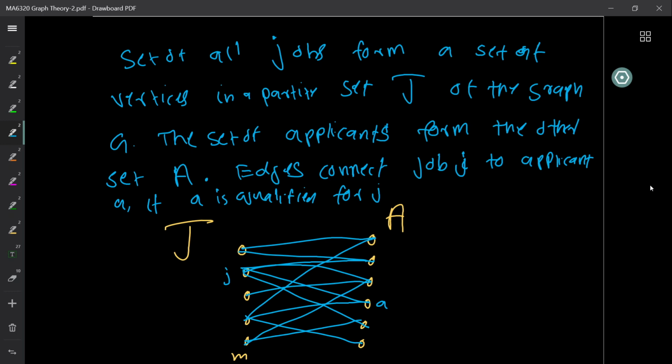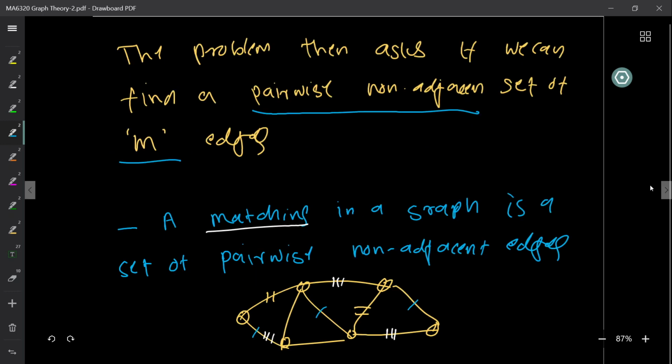Because an edge represents that one job is mapped to an applicant, and if you can find m pairwise disjoint edges, then of course m jobs must be saturated, or m jobs must already be assigned to a person. So this question is basically finding pairwise non-adjacent edges, which are called matchings. In a graph, a matching is a set of pairwise non-adjacent edges.